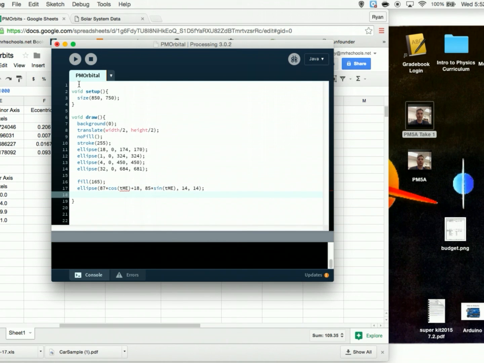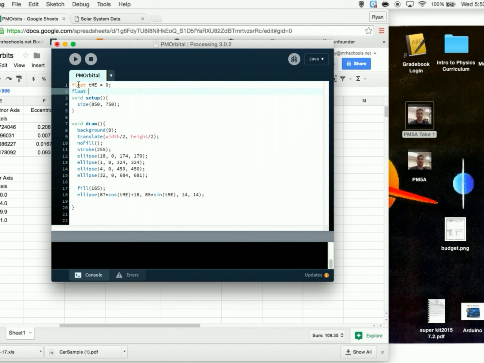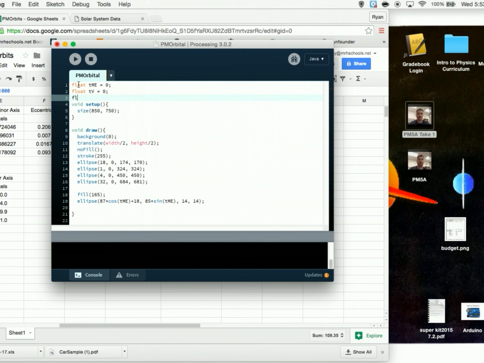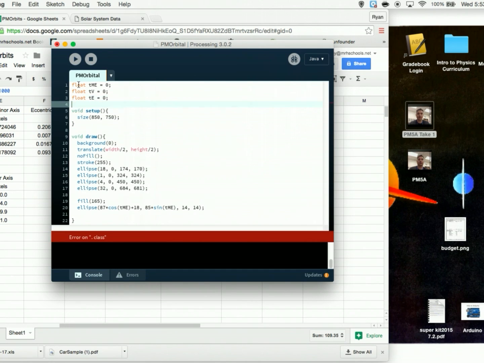Okay. And then we need to initialize our TME variable. See, we haven't created that yet. So these are going to be decimals, so call it a floating variable. And we'll initialize it at 0. And while we're up here, let's go ahead and create for Venus, for Earth, and for Mars.